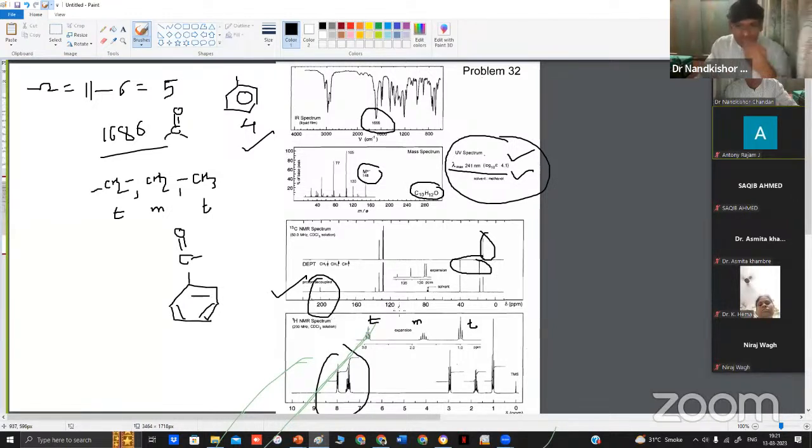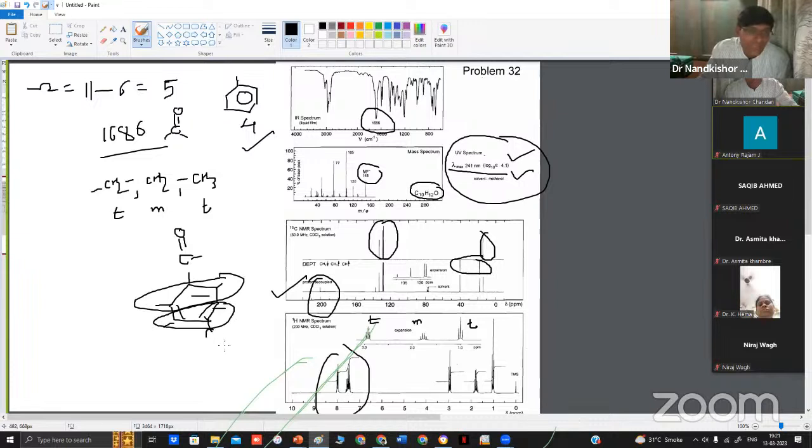Next, C13 NMR can give an idea about CH3, CH2, and the aromatic peaks. From the C13 NMR, we can easily confirm there are 3 aromatic peaks. If you see here, these 2 are the same, these 2 are the same, and this another one is the same.